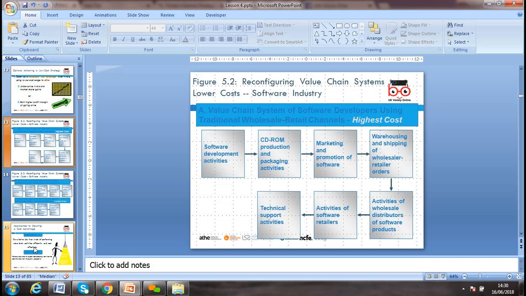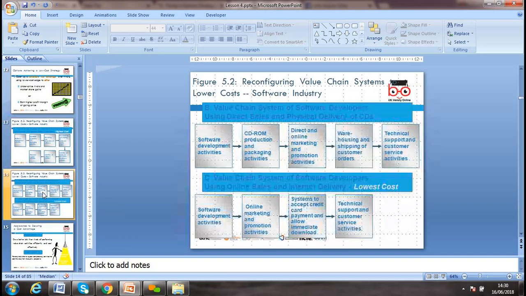All of this has to work as a chain to obtain a competitive advantage. So this is the lower cost we can focus on, and we can create value.